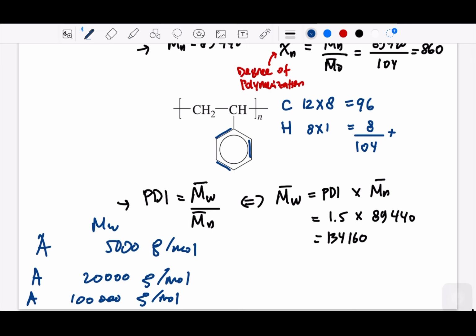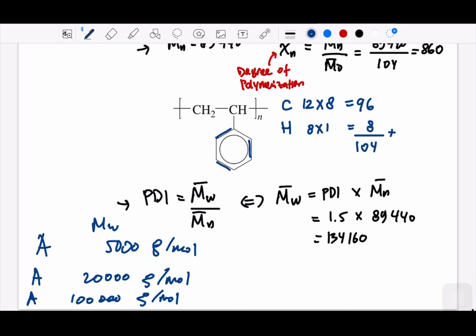Why is it really important? Because these differences in molecular weight also affect the property. What applications do you want from this type of polymer? Like I said before, acrylic acid at 5,000 grams per mole can be used as a disperser to make the particles more uniform.